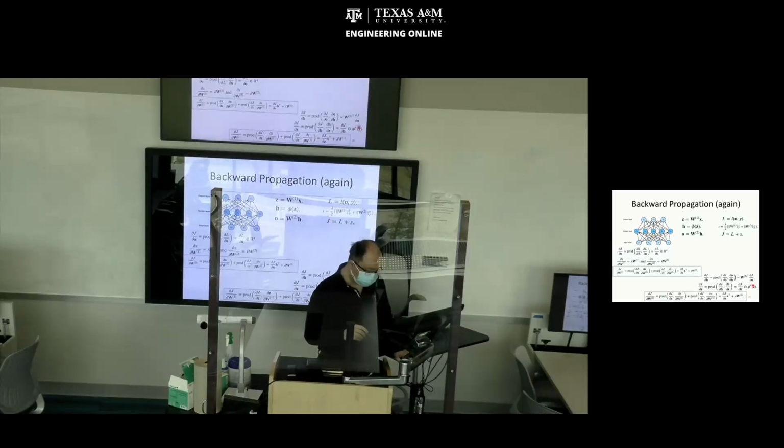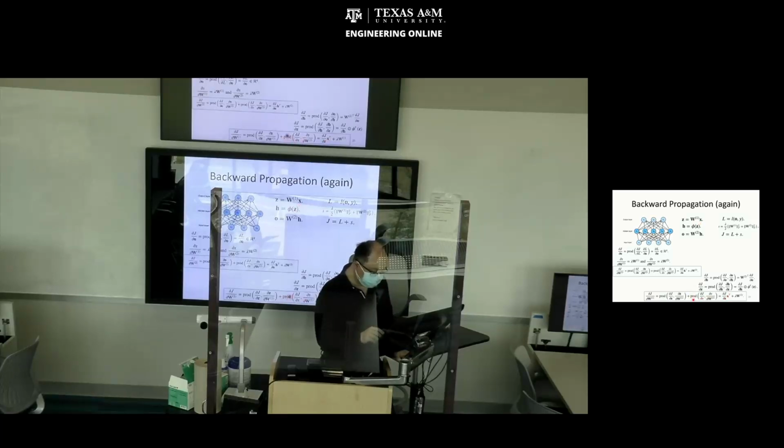And lastly, I have to go all the way back to W1, right? But I can reuse the partial derivative of J with regard to Z, and times this Z with regard to W1. And Z with regard to W1 is very simple. It's just X transposed, right? X transposed.